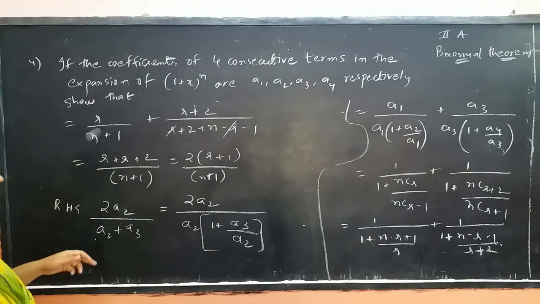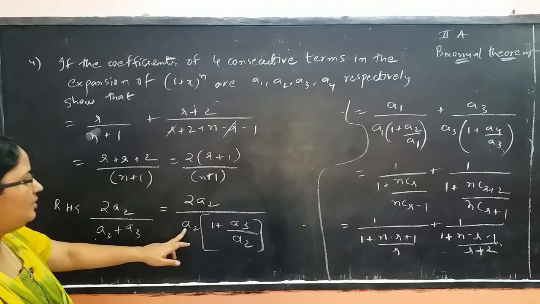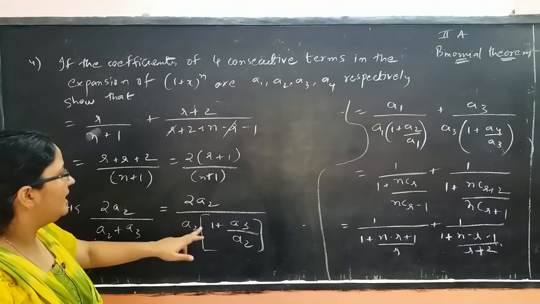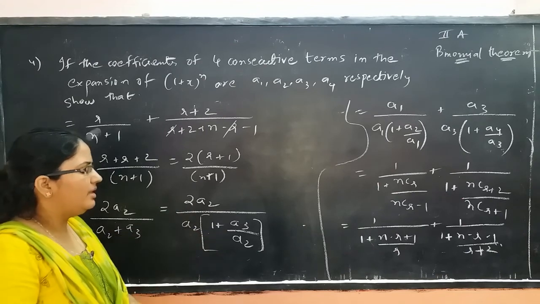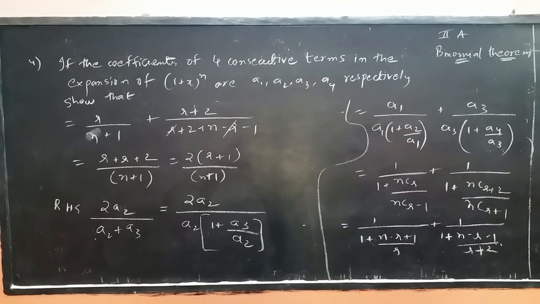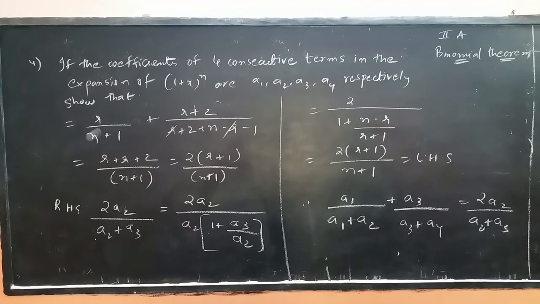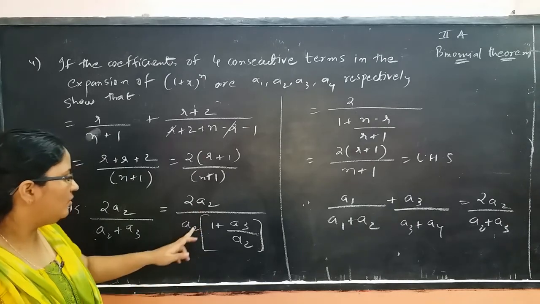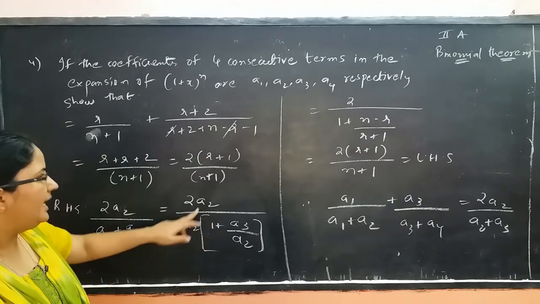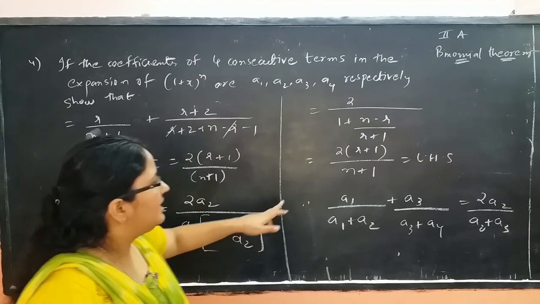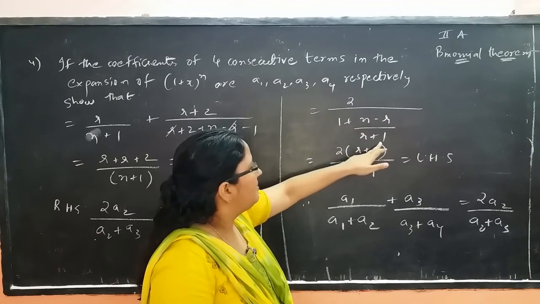Next, in the RHS you have 2a2/(a2 + a3). Take a2 common, you have 1 + a3/a2. a2 cancels, you have 2/(1 + a3/a2). 1 + a3/a2 is nothing but (n − r)/(r + 1).